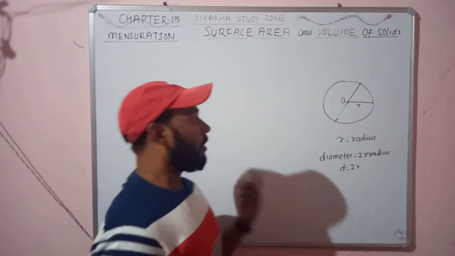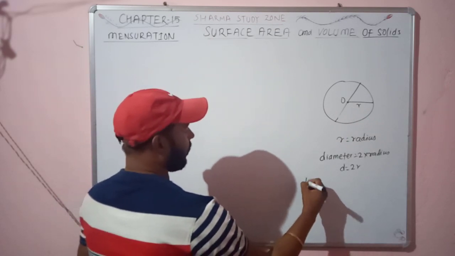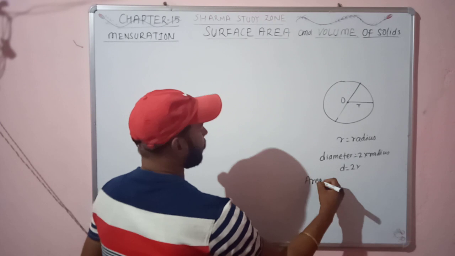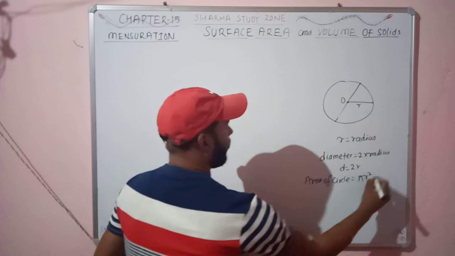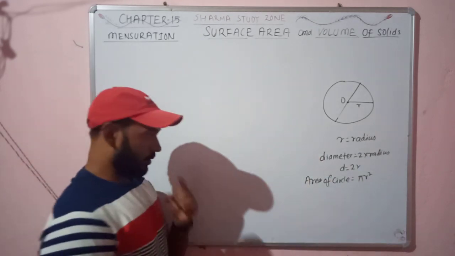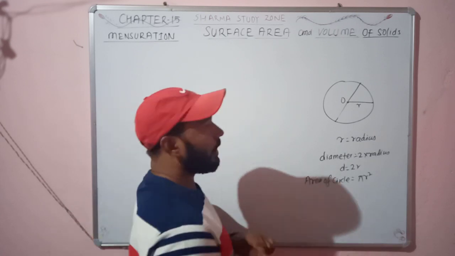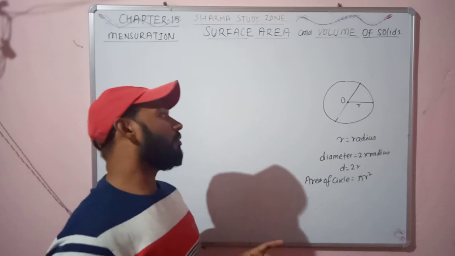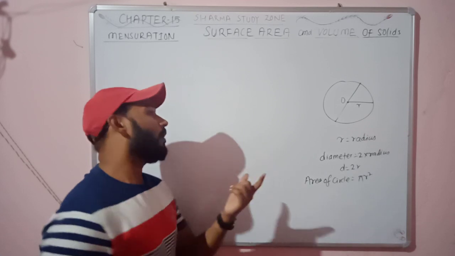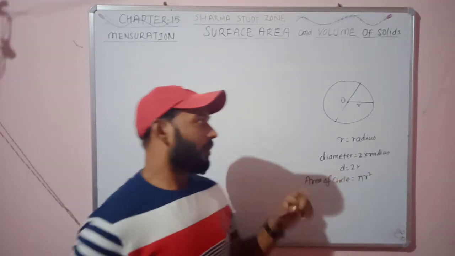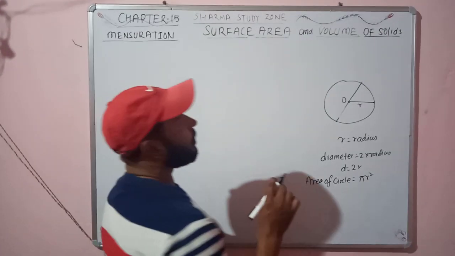Okay. Now, if we have to find the area of a circle, we need to remember one formula. The area of a circle is equal to pi r square. Now, for the circumference: for the parallelogram, rectangle, or square we were using the perimeter, but in the case of a circle we use circumference instead of perimeter.